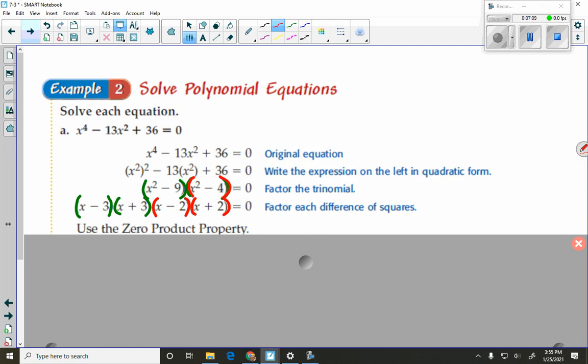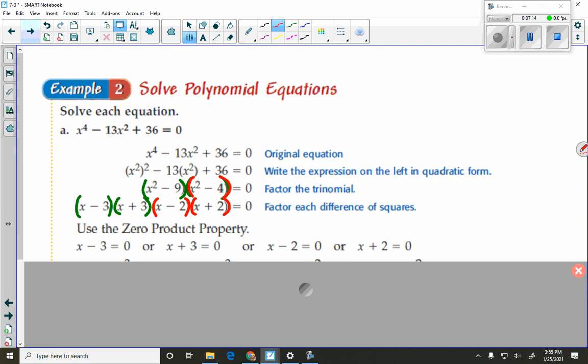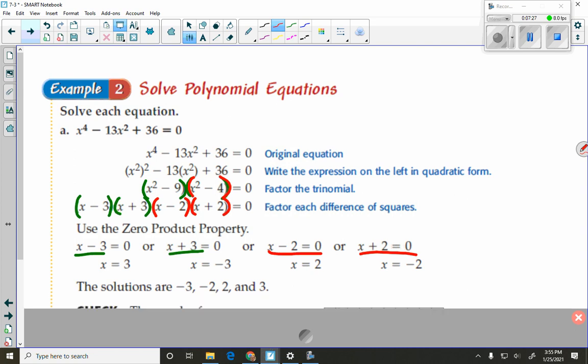If they're all multiplied together and equal 0, then using that zero product property, you can split it up into 1, 2, 3, 4 equations, in which case x equals either 3, negative 3, 2, or negative 2, and you get all 4 answers.